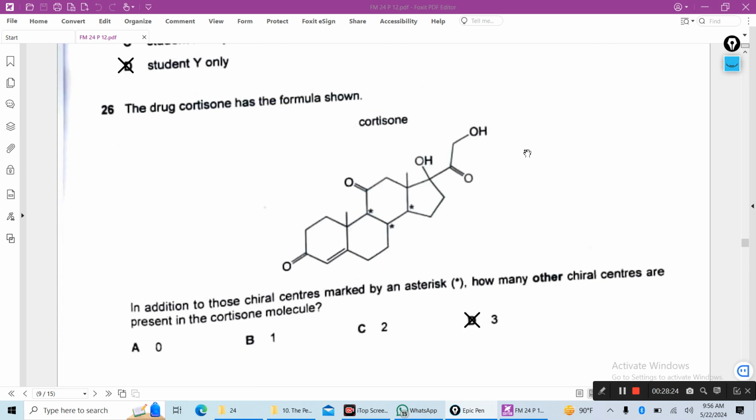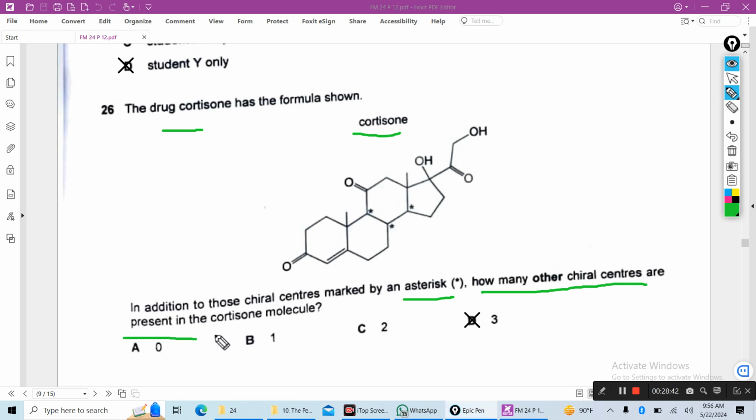26. The drug cortisone has this formula. In addition to those chiral centers marked by an asterisk, how many other chiral centers are present in the cortisone molecule? So here 1, 2, 3 chiral centers have been shown; other there are 3.